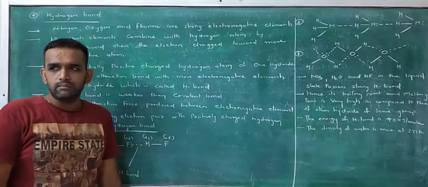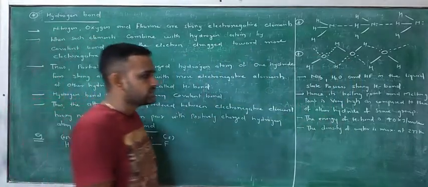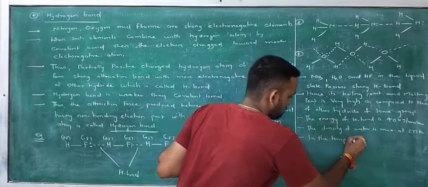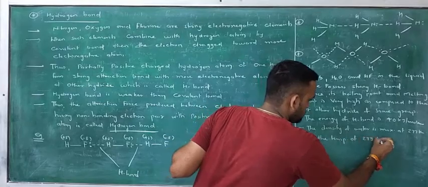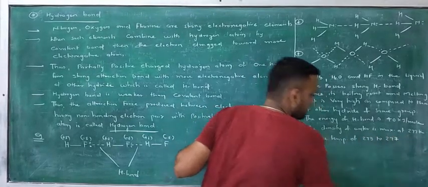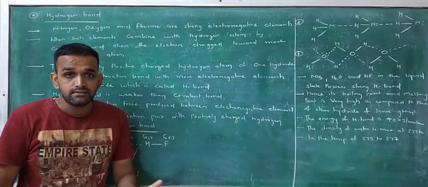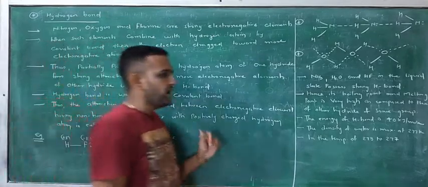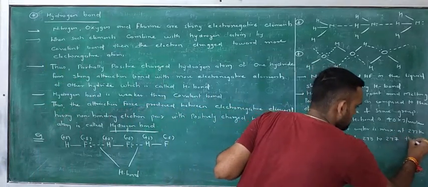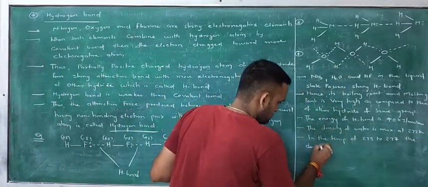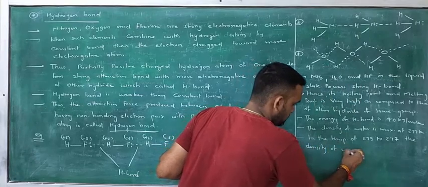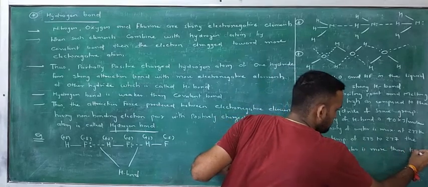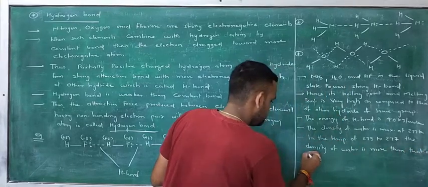And in the temperature range of 273 to 277, we can say that the ice floats on the water because the density of water is more than that of ice.